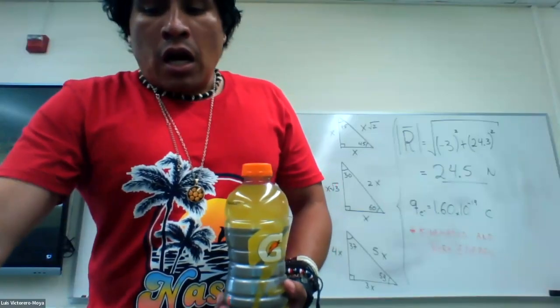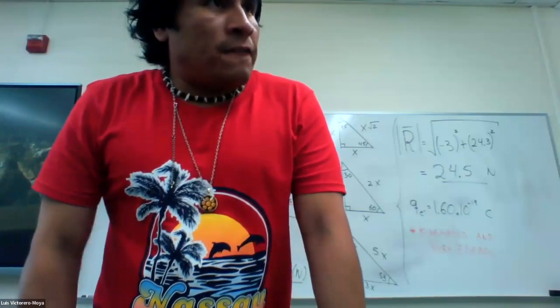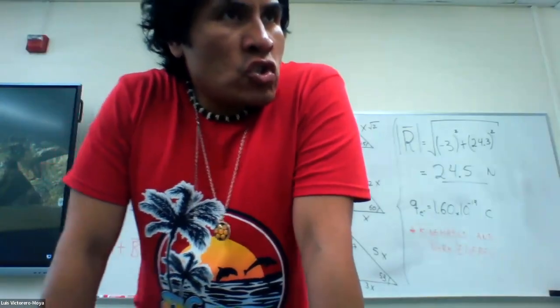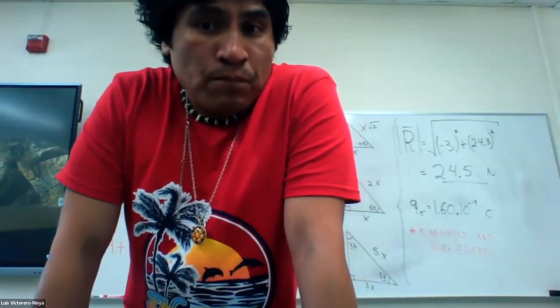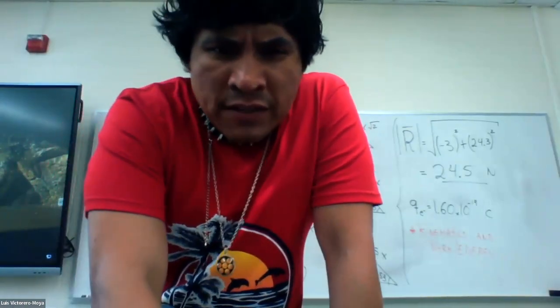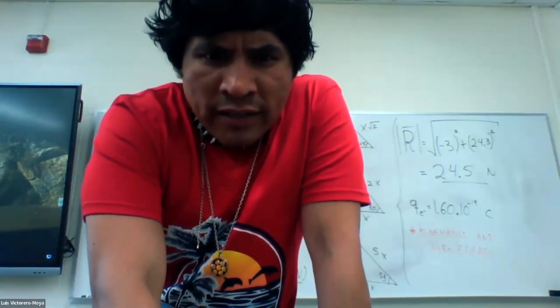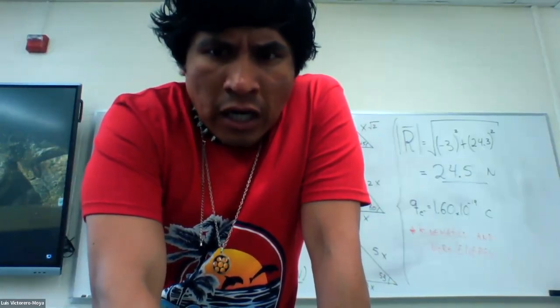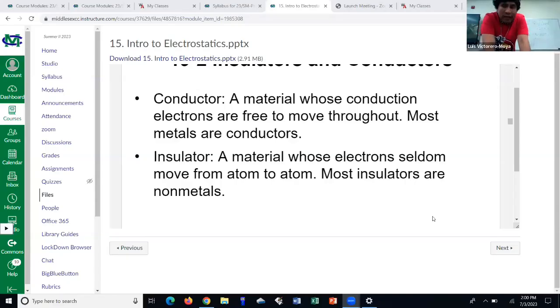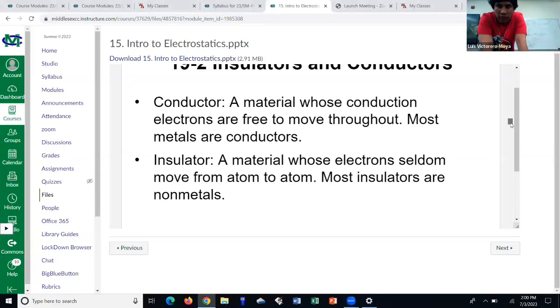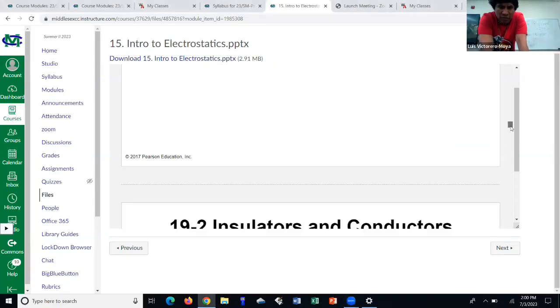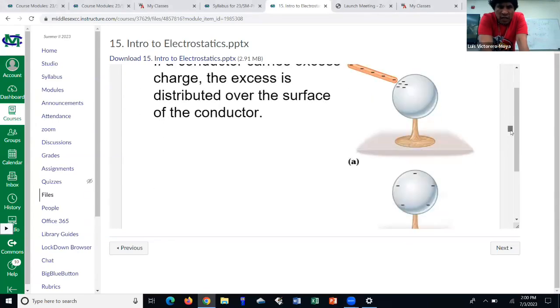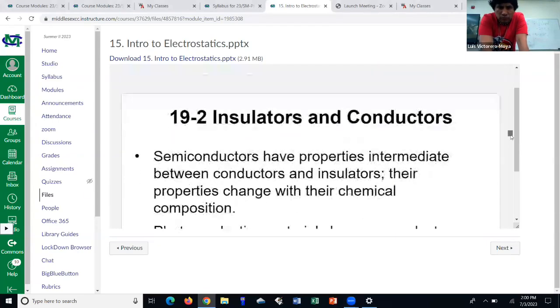Okay, those are the main differences between insulators and conductors. Sort of what you probably discussed when you talk about conducting heat, right? The reason why metal conducts heat better than an insulator is because of the free electrons on the surface. Or as we say in chemistry, the free electrons in the outer shell.